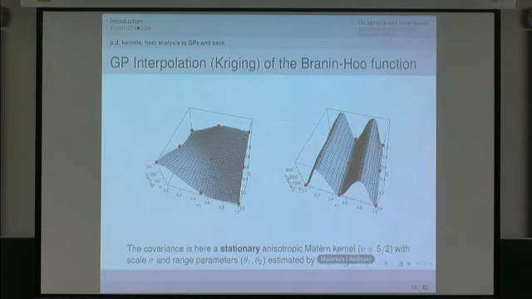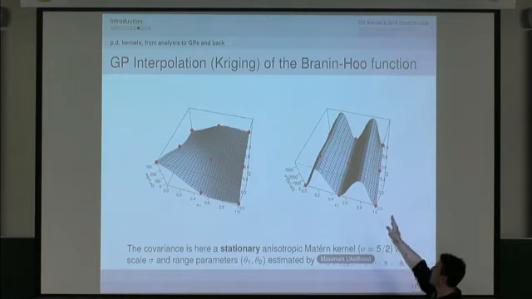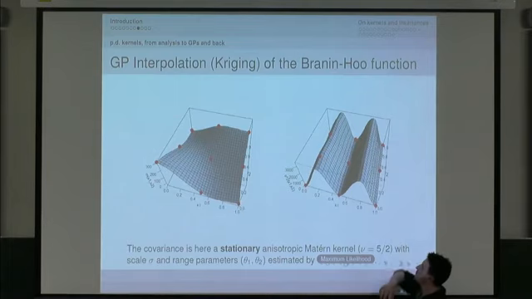So basically, if you take 9 red points and you look at the conditional expectation, which is also the interpolator in the reproducing kernel Hilbert space, you end up with one function, and then the GP interpretation gives you, on top of that, a pointwise prediction variance, which is something I can write on the blackboard whenever we discuss it. That gives you a degree of confidence that you have in your interpolation.